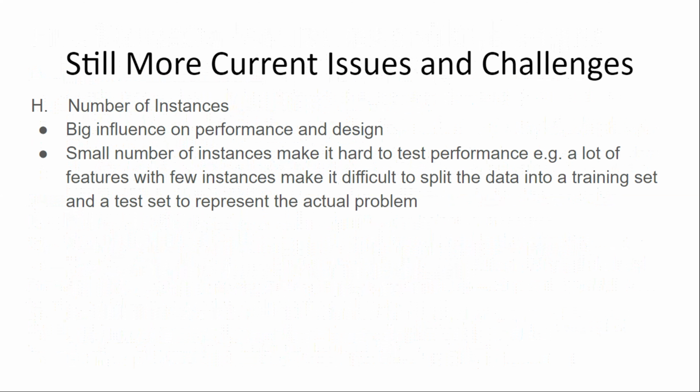And one of the biggest issues in big data is the number of instances. A small number of instances makes it hard to separate data sets into training and test data. However, a large number of instances does not perform well with EC. They're quite expensive.